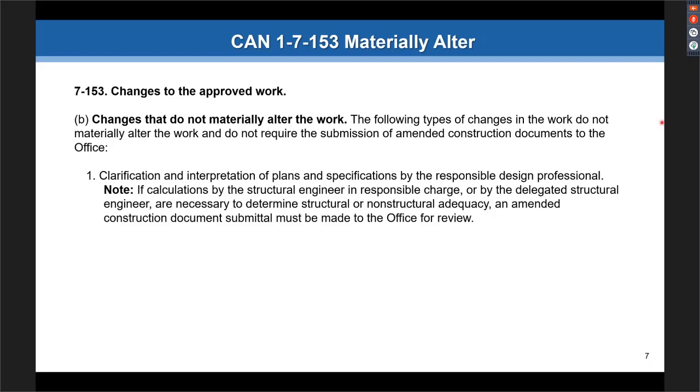If you're adding a dimension, if there was a dimension missing on the plan and you receive an RFI or an ASI is issued to basically define that dimension, but you're not changing the plan, you're just providing a dimension. Again, that's something that we do not need to see at all. Okay. But clarification and interpretation of the plans and specifications by the design professional is non-material.